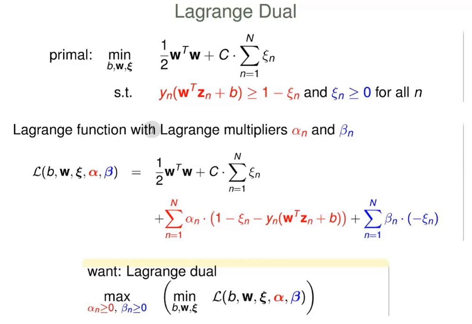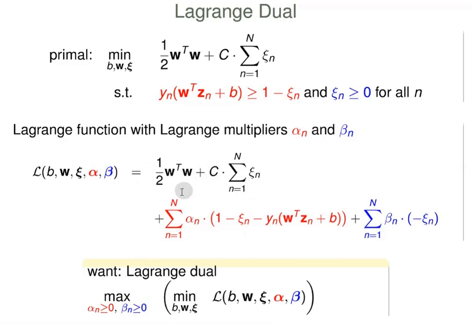Well, the soft-margin version, as we can see, is another convex quadratic programming problem. The corresponding dual optimization form can be derived using the same technique we used in hard-margin SVMs, in other words, a Lagrangian technique.